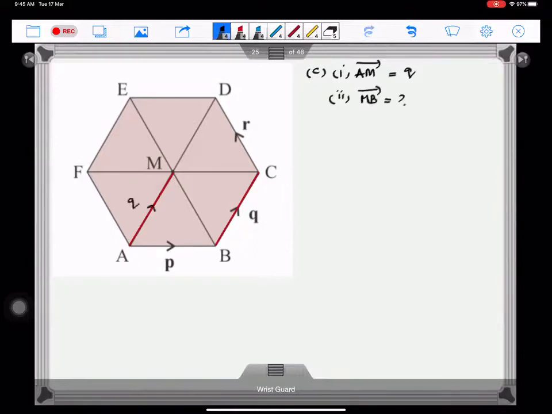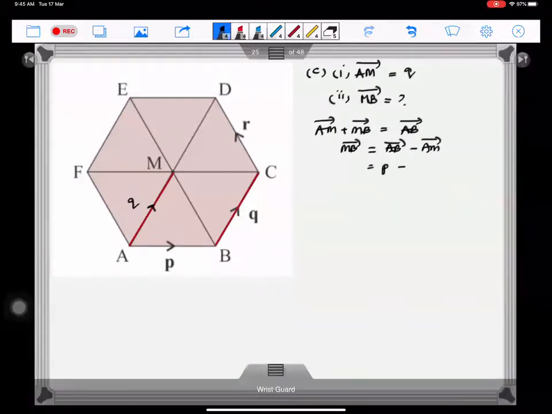So therefore, AM plus MB is equal to AB. MB is AB minus AM. What is AB? This is P. What is AM? That is Q. So that is P minus Q. What else is there?